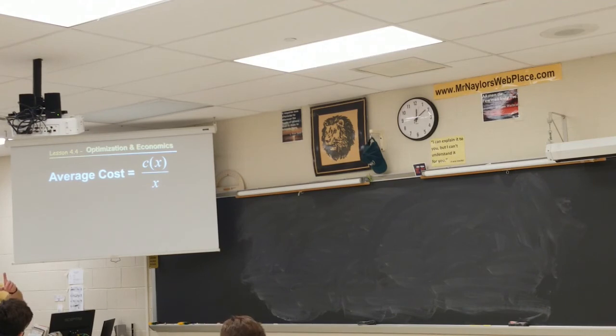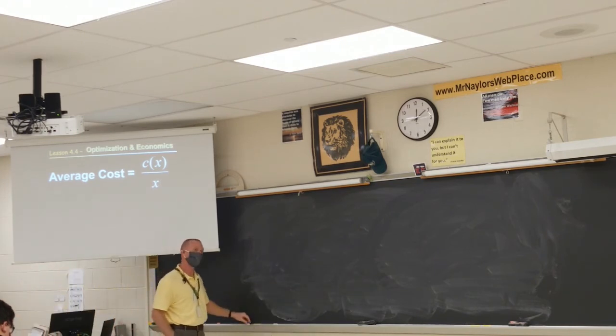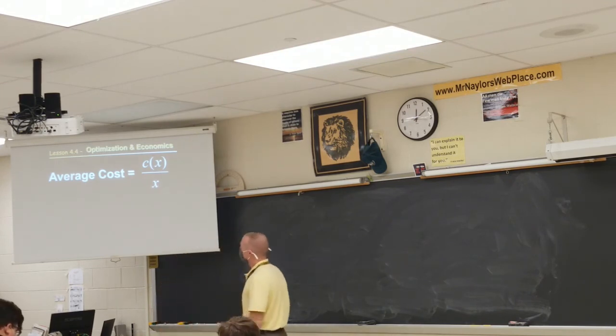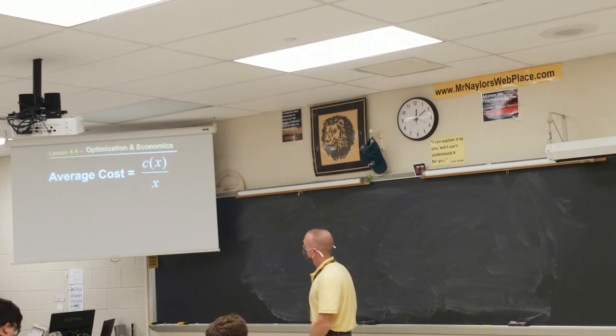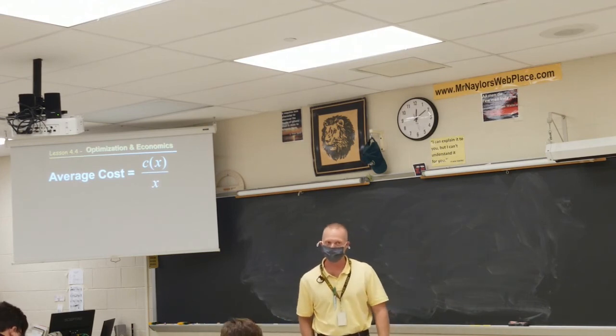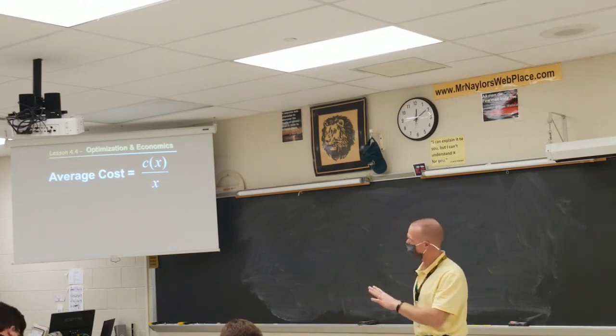Let me show you one more thing that fits with business. I know it seems like I'm giving you some formulas. It turns out that these are the easy problems because all you're going to end up doing is just following these formulas. So here's one more idea: average cost. I know it's a formula on the screen, but it's really saying something that you already understand. You're taking the total cost and dividing it by how many cups of lemonade you sold.